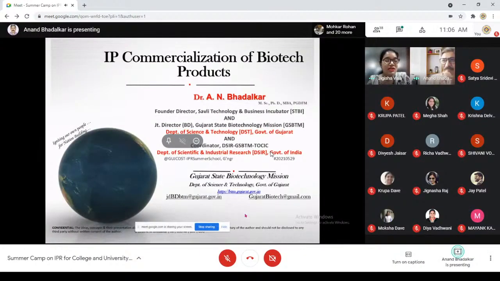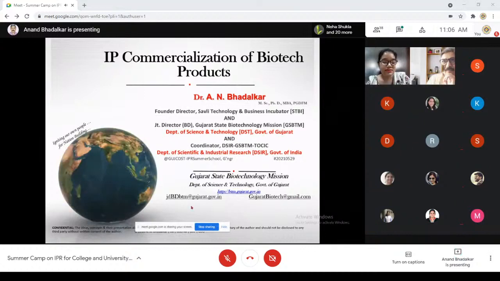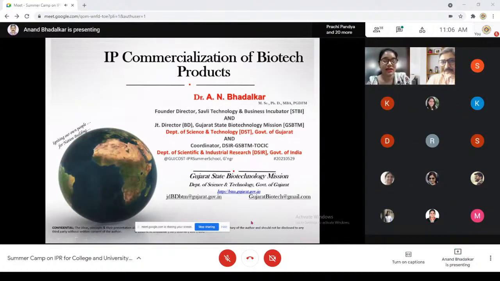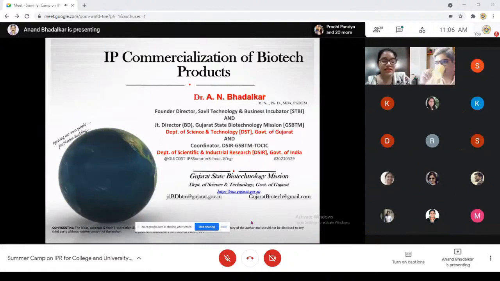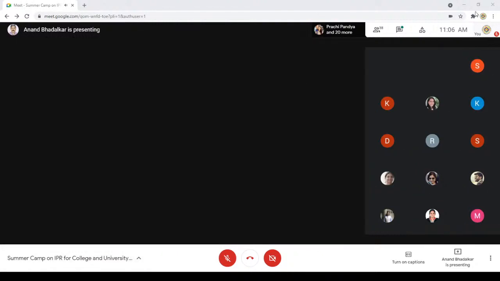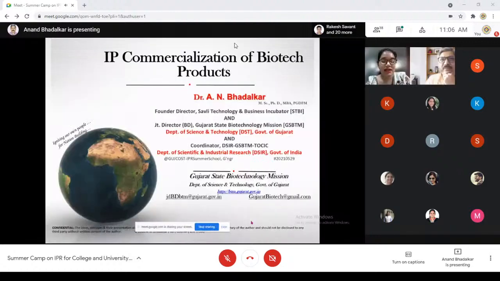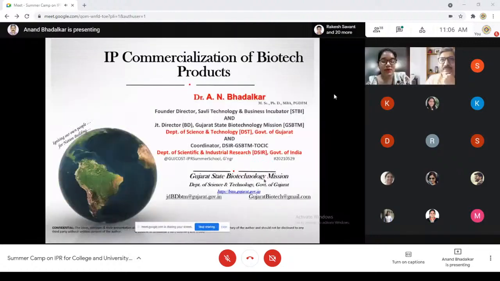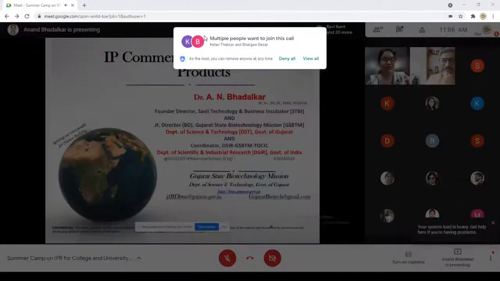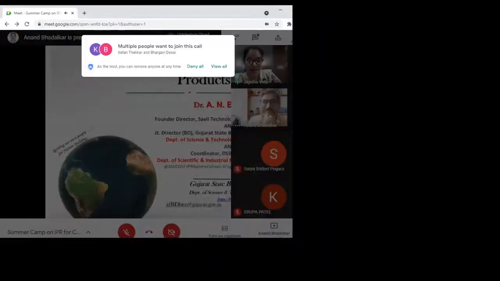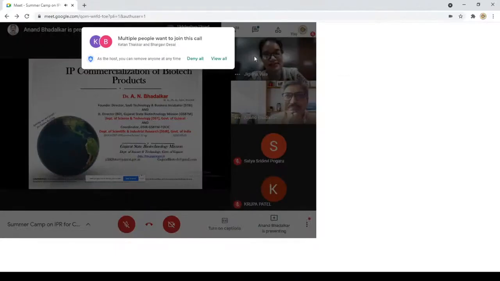He also got several awards and medals, and is currently working as joint director business development at GSBTM, DST, Government of Gujarat, and founding director at Savli Technology and Business Incubator, DST, Government of Gujarat. So we'll proceed with the first session with Dr. Anand Bhandar sir. Yes, sir, we can start.